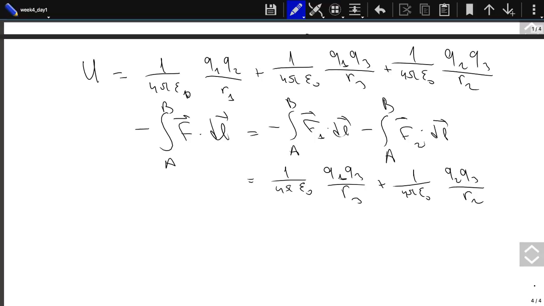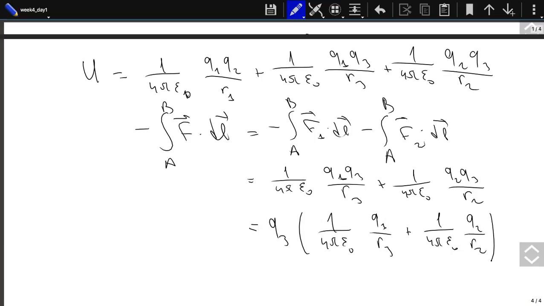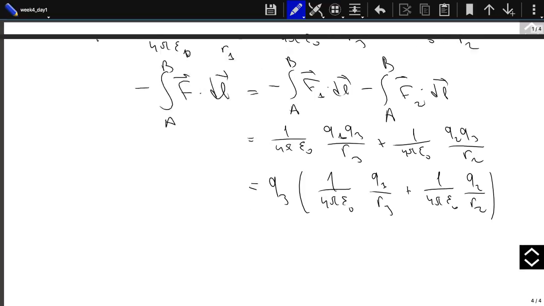It's common, so we can just factor it out: 1 over 4 pi epsilon 0 Q1 over R3 plus 1 over 4 pi epsilon 0 Q2 over R2. This doesn't depend on Q3 anymore. And in fact, this is what we call the potential.